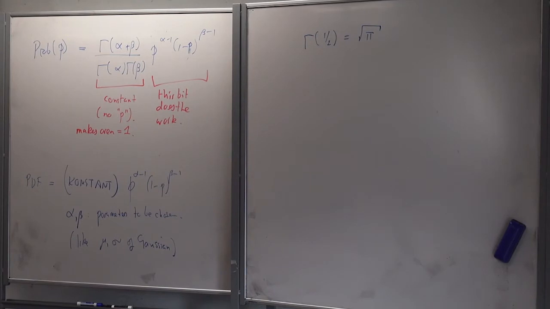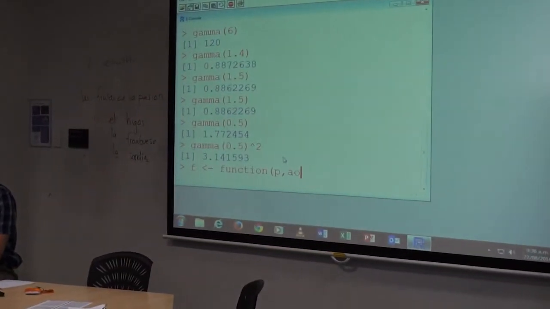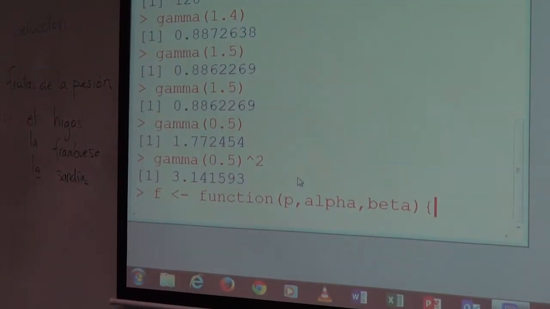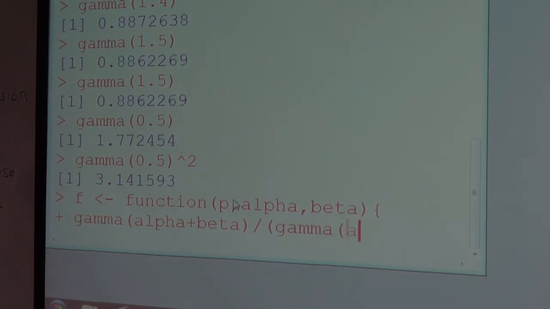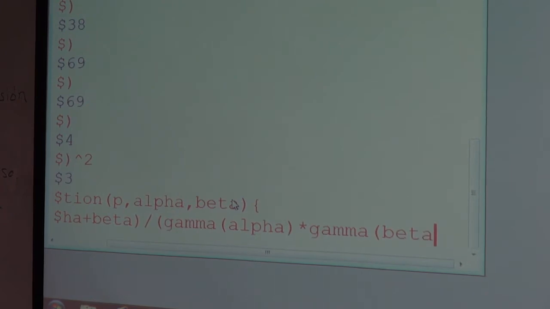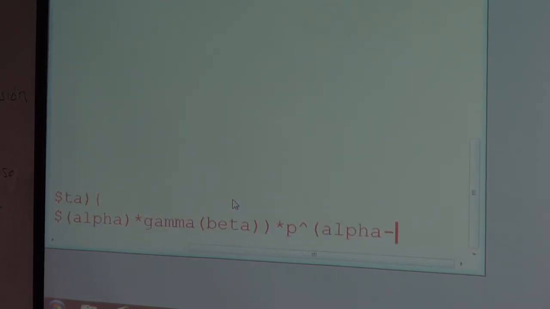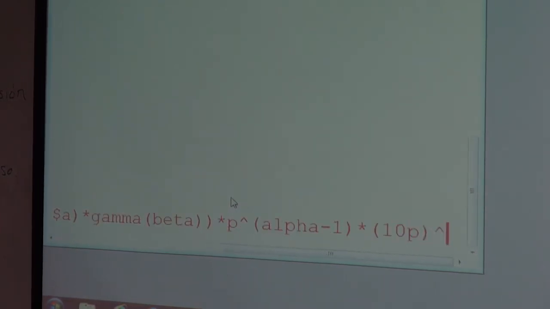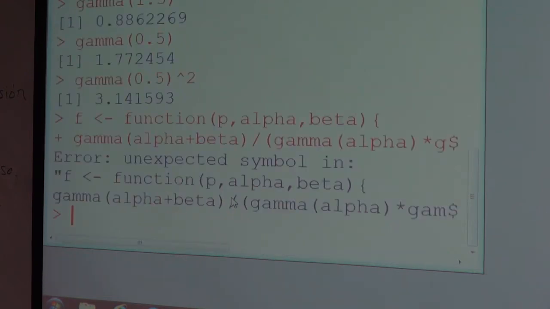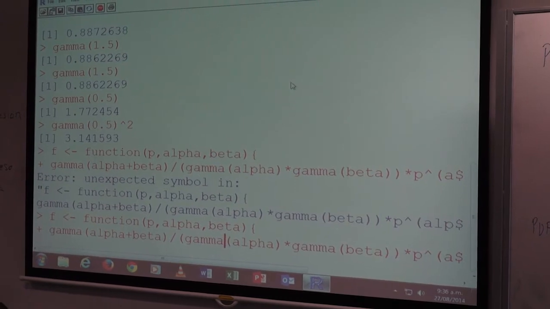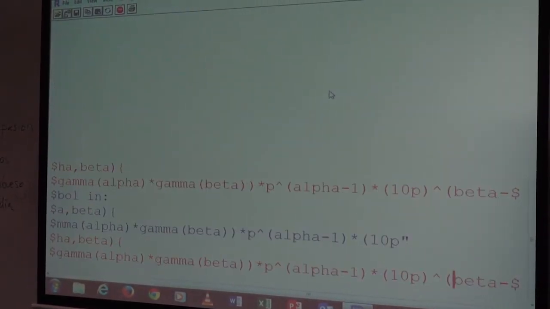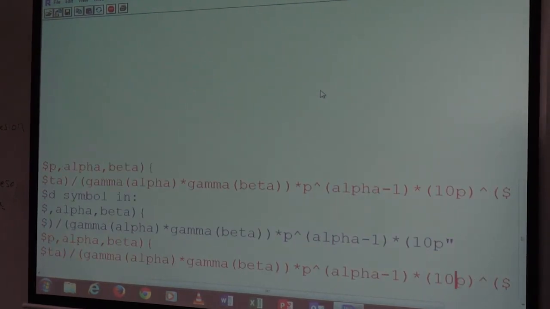All right, so let's just define a function. Let's define f as a function of p, alpha, beta, which returns gamma of alpha plus beta over gamma of alpha times gamma of beta, times p to the alpha minus 1, times 1 minus p to the beta minus 1. Let me just type that. Let's try that again.